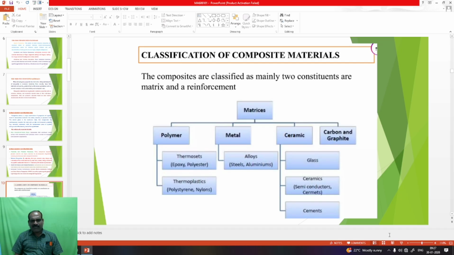Examples for thermosets are epoxy and polyester, and examples for thermoplastics are polystyrene and nylons. And again, metal matrices are classified into alloys, that means steel and aluminium. Ceramics are again classified into three: one is glass, another is ceramics, and the third is semiconductors and cements.